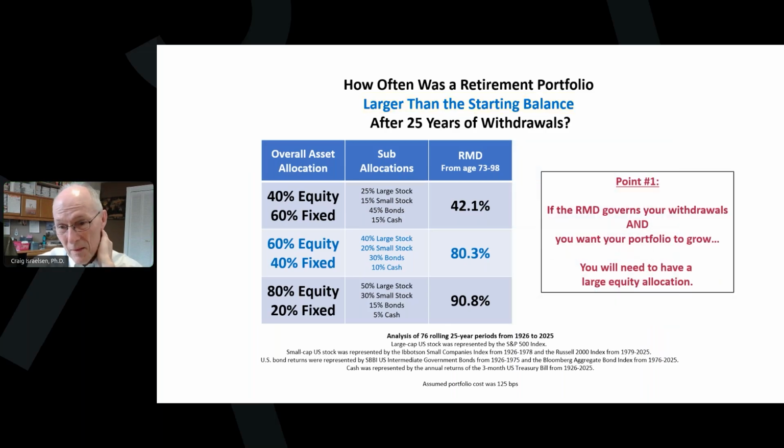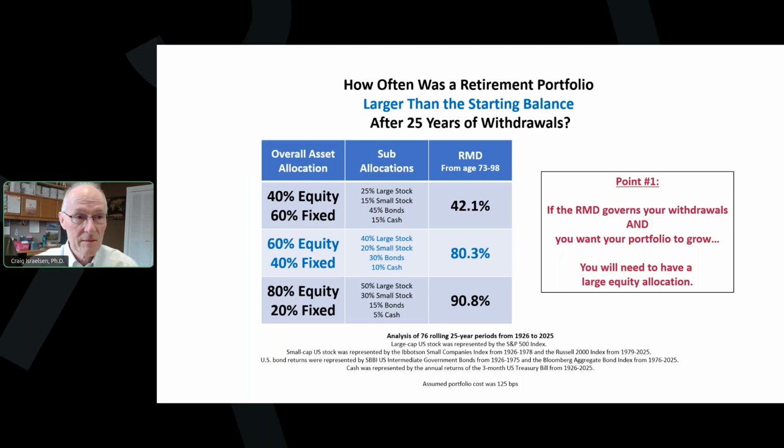Number one, if the RMD governs your withdrawals and you want your portfolio to grow, and that second part almost sounds like a smart aleck kind of statement. It's not meant that way.